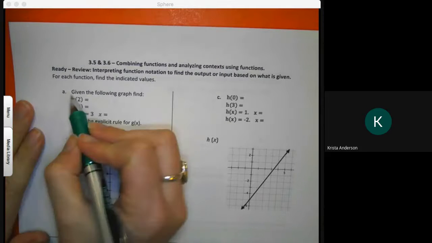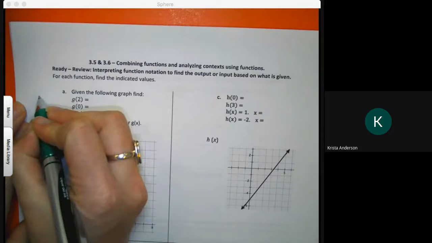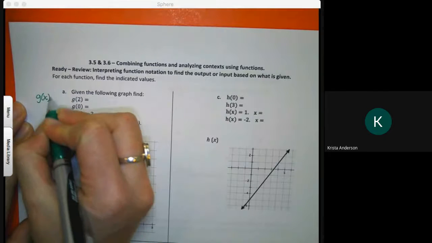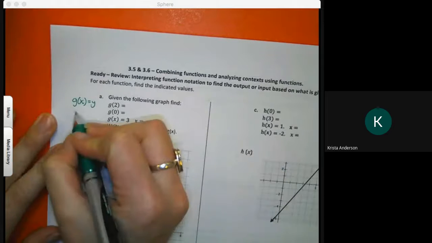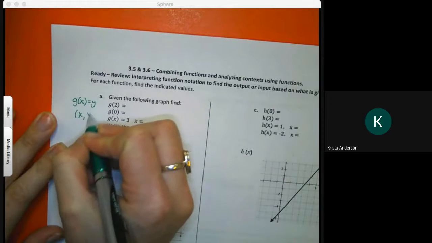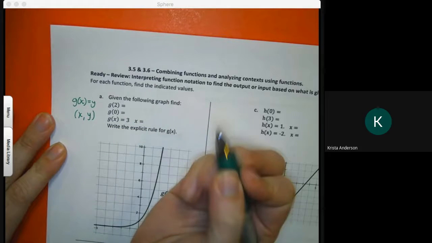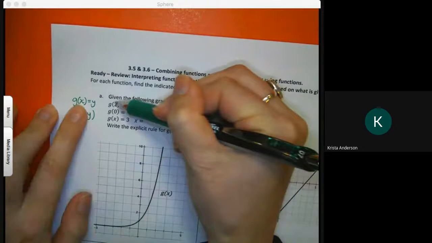For question A, I'm going to write off to the side g of x is equal to y, which means that as a point, this is my x and this is my y, if I wrote it as a point. Where is x? 2.